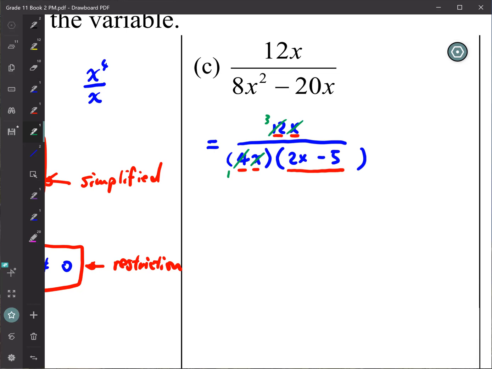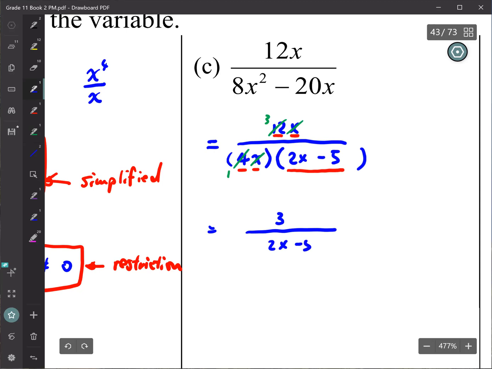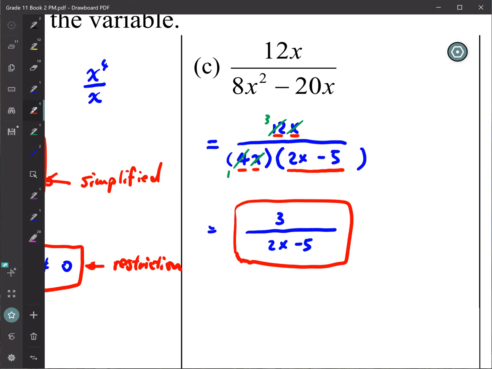So the answer at the end, you're just left with 3 over 2x minus 5. Okay, so this is the simplified form. Does anyone have questions so far? It's better to ask me right away when you have questions.